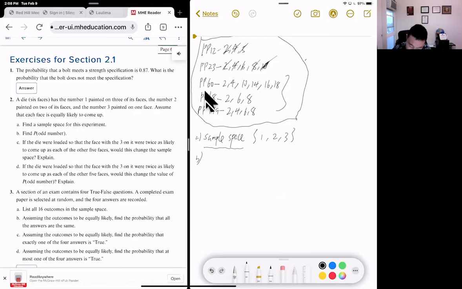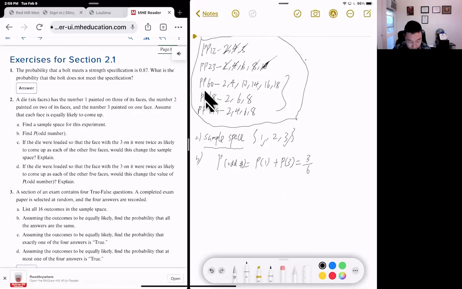Part B is asking for P(odd number). P is for probability, so that's the probability of an odd number. Odd number includes 1 and 3, so the probability is P1 plus P3. For P1, because out of the 6 faces of the die, 3 faces have number 1, P1 is 3 over 6, 3 faces over 6 total faces.